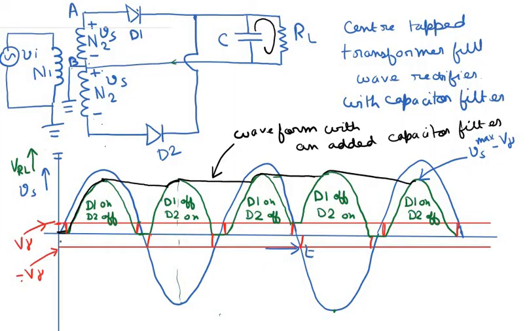Now for the full wave rectifier with capacitor filter, in one time period, which is this window, the capacitor charges up twice. Since the capacitor is charging up twice during each cycle, the time period between successive charging events becomes Tp by 2 instead of Tp. Let us consider that Tp is the time period of the secondary waveform, or the time period of Vs.